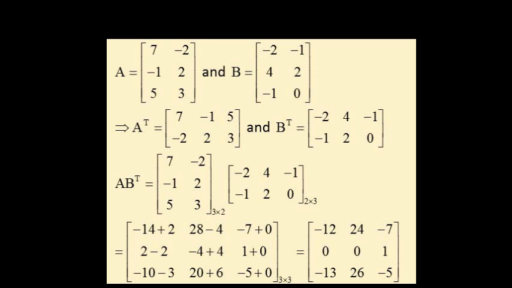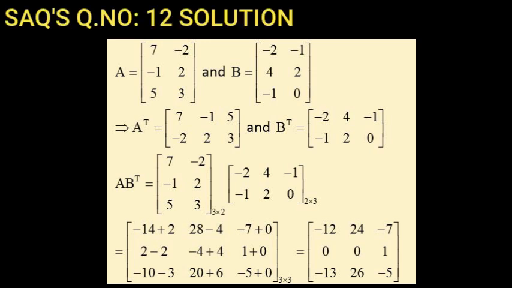Next, multiply the first row with the second column of the second matrix. 7 into 4 is 28, minus 2 into 2 is 4, which is the second element. Multiply the first row with the third column of the second matrix. 7 into -1 is -7, minus 2 into 0 is 0, which is the third element in the first row.